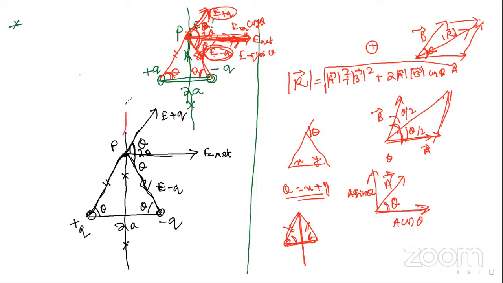Now E plus Q will have a component along this axis. So we can write E plus Q cos theta. And E minus Q also will have a component here. Suppose this is a coordinate axis.